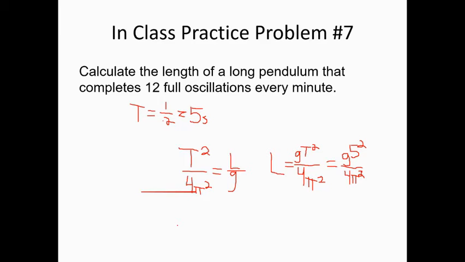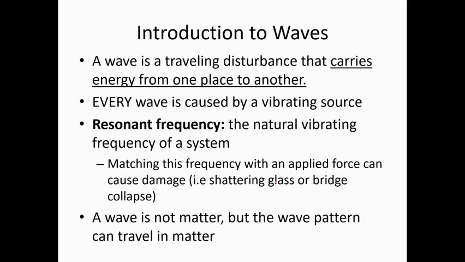So then I end up getting L is equal to gT squared divided by 4 pi squared, and that gives me g times 5 squared divided by 4 pi squared. So when I plug all of that in, I end up getting 6.21 meters for the length of this pendulum.